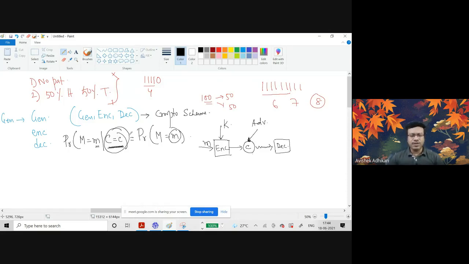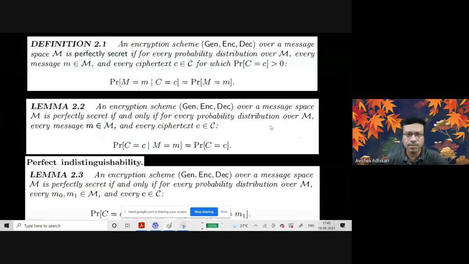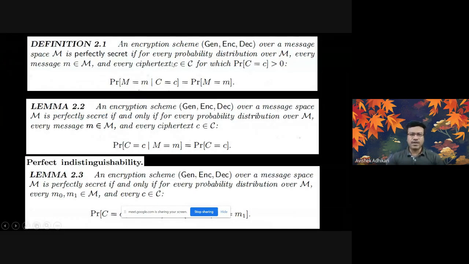That means even if you have the ciphertext at your hand, you will not get any extra information about the message. Whatever information you had about the message previously, even if you do not have the ciphertext, is the same as the information about the message when you have a ciphertext at your hand. So if this is the case, then we call this a perfectly secure scheme. So that is known as a perfectly secure scheme.